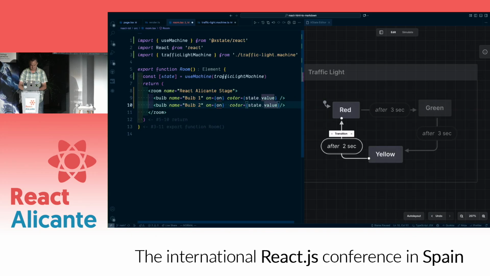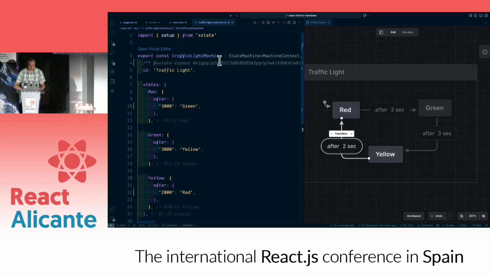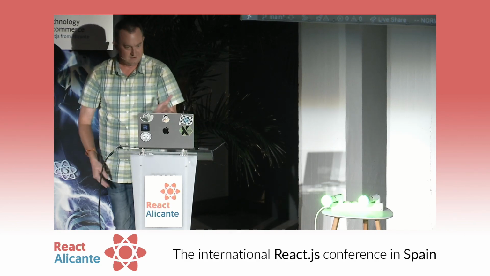Let's do them both. It's more exciting. And then if I leave them on all the time, and I hit save and we pray a little bit. That's on, but my state machine didn't get saved. There. Red, green.